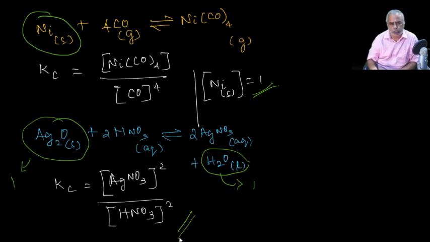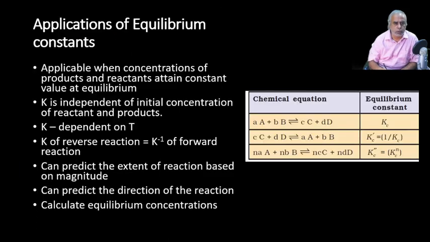So this is the equation. Okay, so you should be able to determine the Kc based on the phases. You cannot exclude all liquids, but for water the concentration is taken as unity, being a solvent.